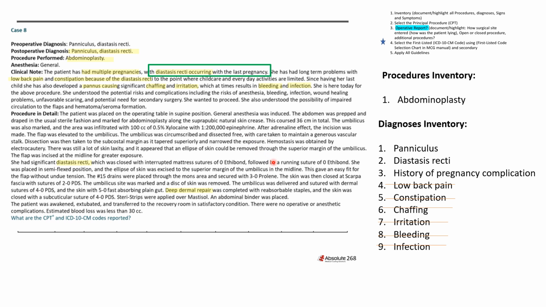If you recall your chapter 15 guidelines, you are to use these pregnancy complication codes if it is still in the puerperal or during the pregnancy period. But this is not during that period. There's no indication that it is. And we are going to code the personal history of a pregnancy complication.